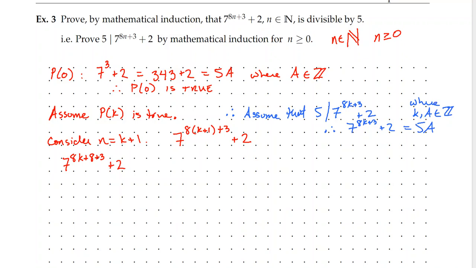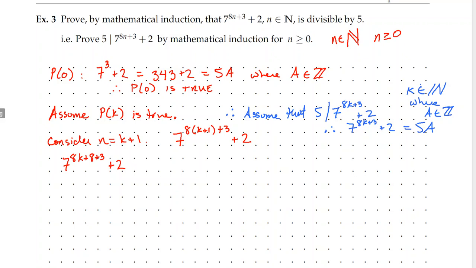Actually, we should just say where a is an integer, and k is an element of the natural numbers. I'm giving you different ways to write natural numbers.